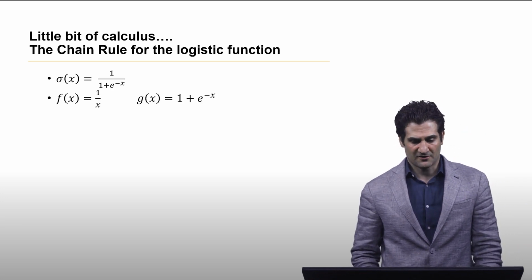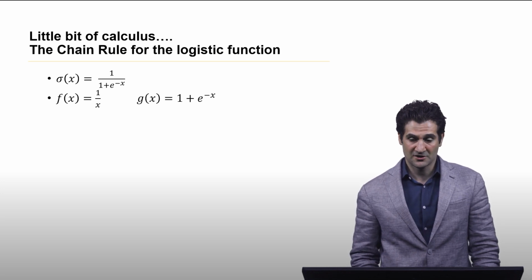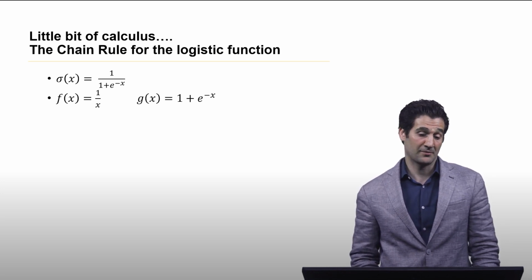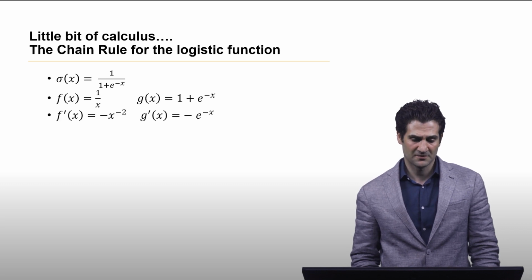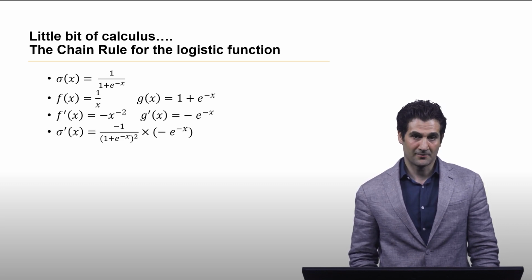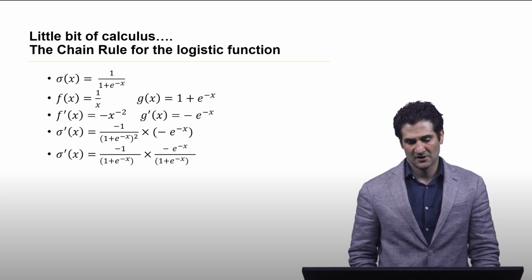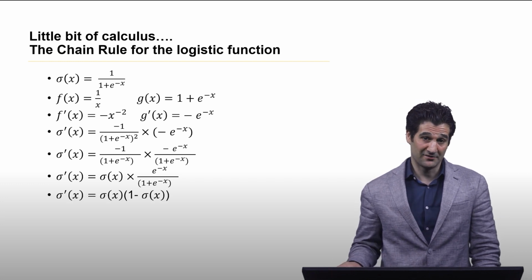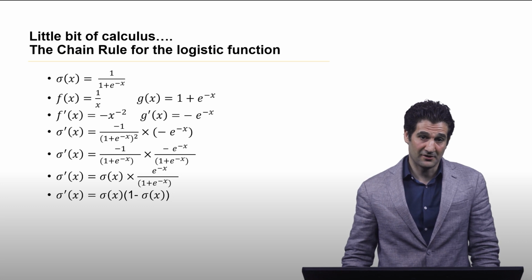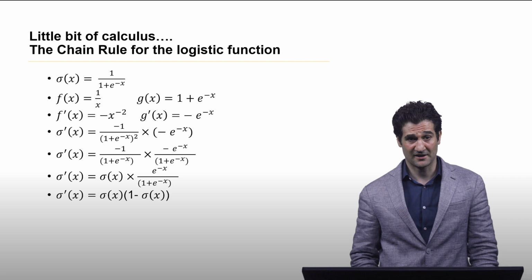So we have our logistic function. We look at it as two different functions, 1 over x and 1 plus e to the negative x, and these are composed together, where you can think of this as being f of g of x. You find the derivative for both, and by the chain rule they get combined, and it ends up looking like this. Then we can do a little bit of algebra, and it comes out that the derivative of the logistic function is simply the logistic function multiplied by 1 minus the logistic function, which is a handy thing to have.